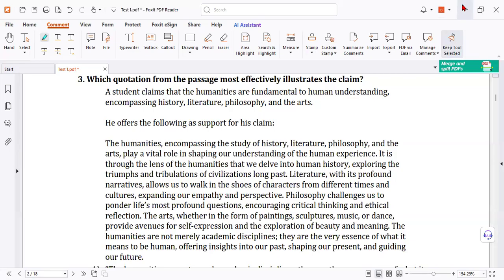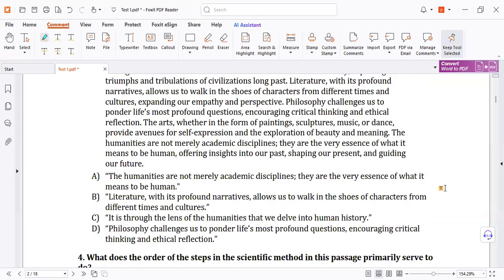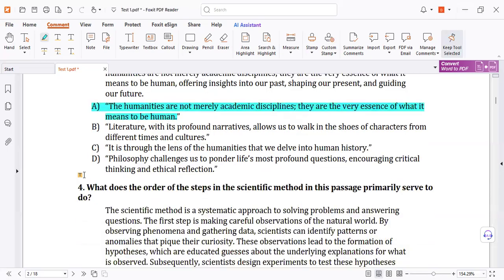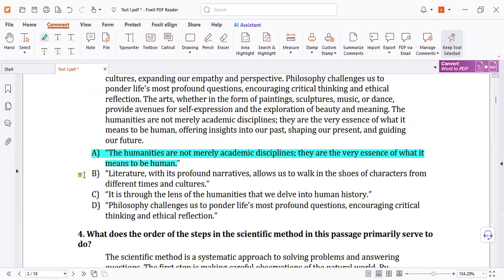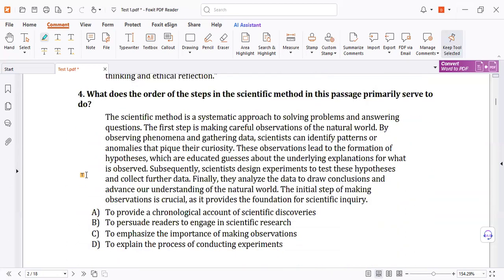Is it letter A? Letter A, correct. Is it letter C?